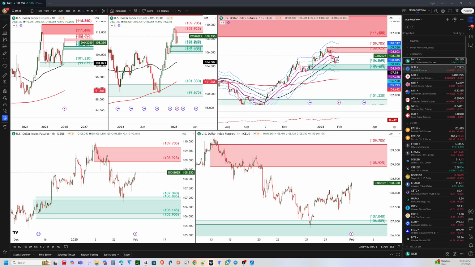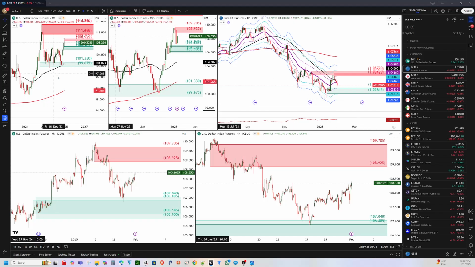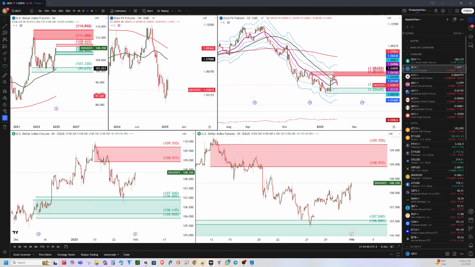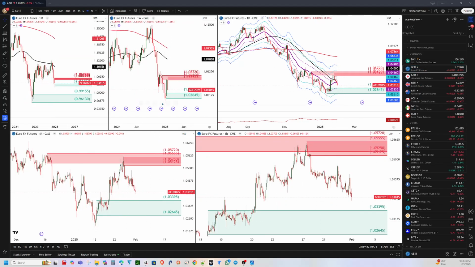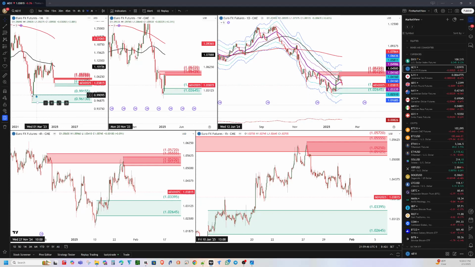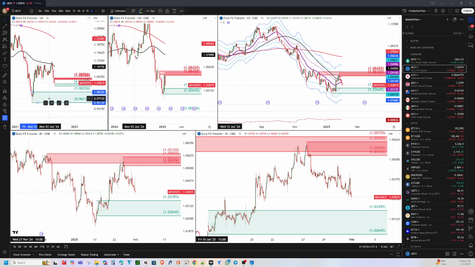On euro futures, I'm going to break down this area and make another low. So I'm expecting on the euro, at some point, this same level inverts to the US dollar, which is the 1 euro level, basically inverts to the US dollar.